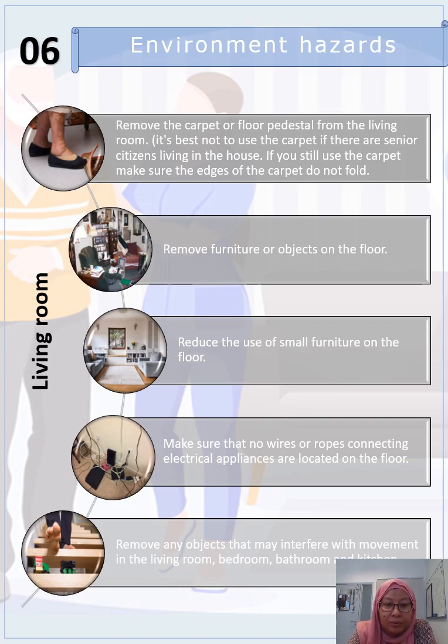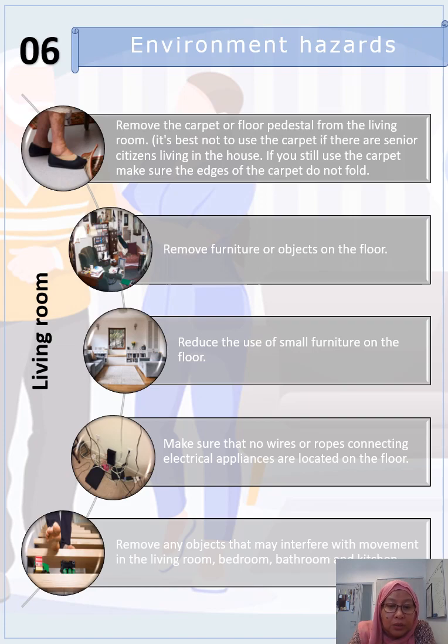Reduce the use of small furniture on the floor. Sometimes some people like to put miniatures or vessels on the floor, which can be an obstacle to the elderly. Sometimes they can't see it because of their poor vision, and then they will trip on it and fall.